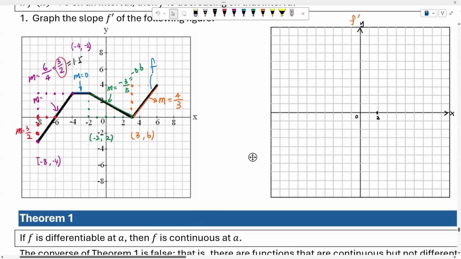So maybe we could make the scale on the y like this then. So this is 1, this is 2, negative 1. Okay. So I think it's okay now.